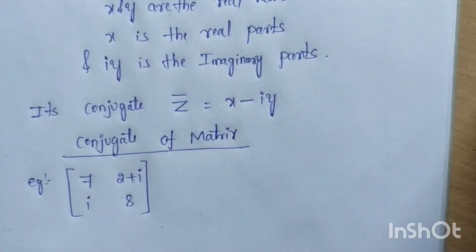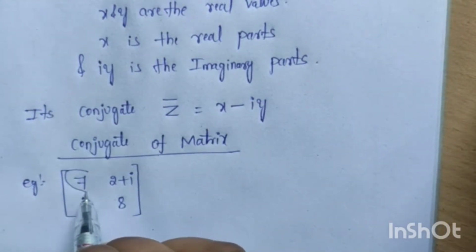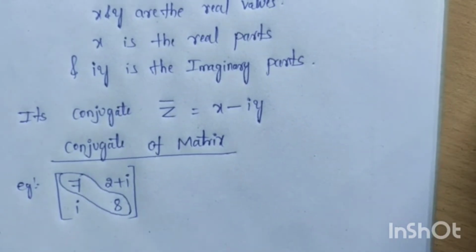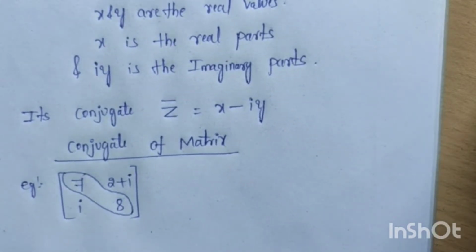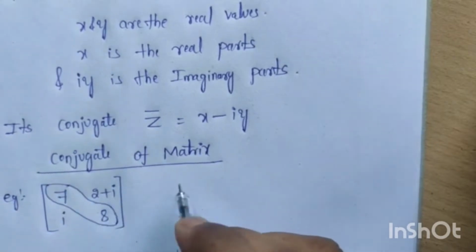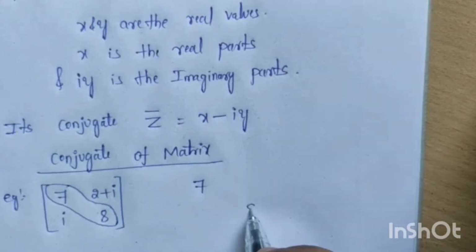Real numbers are as they are, and imaginary numbers take the opposite sign. Real numbers are as they are, 7 and 8.